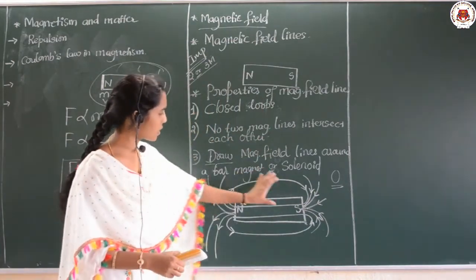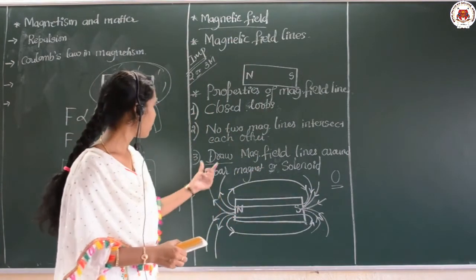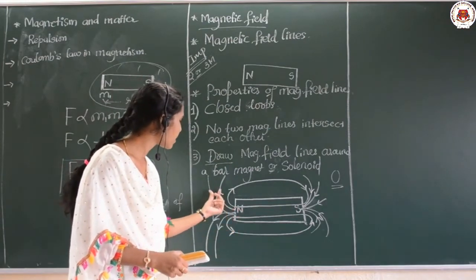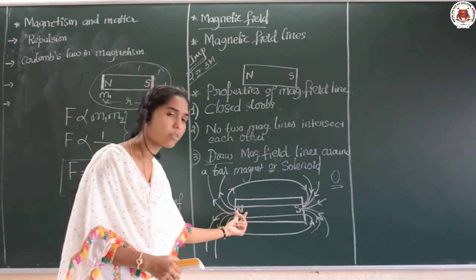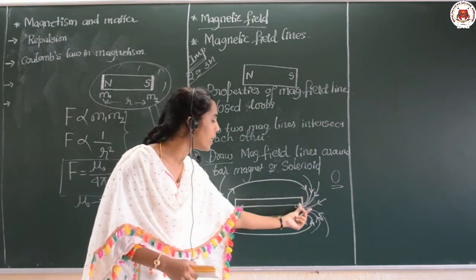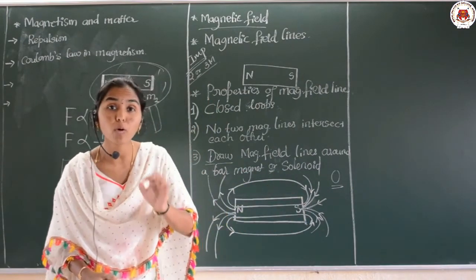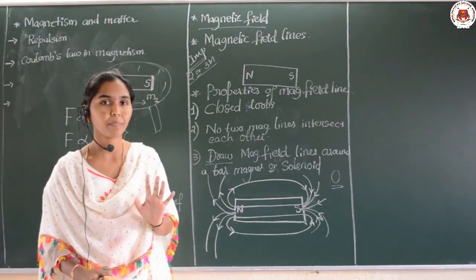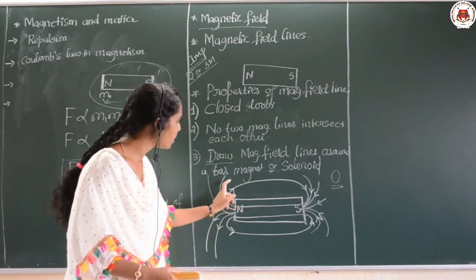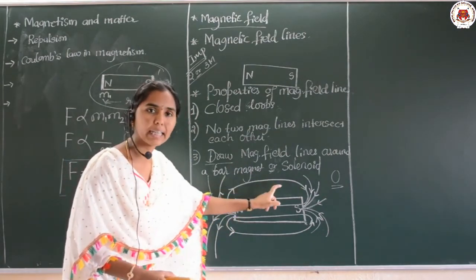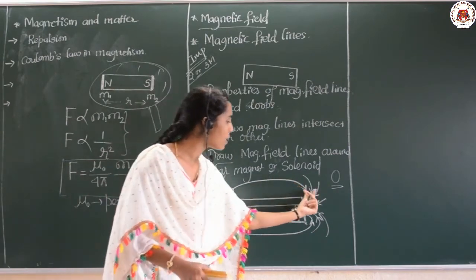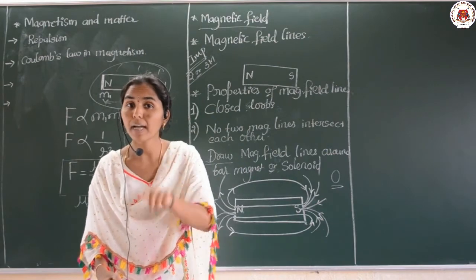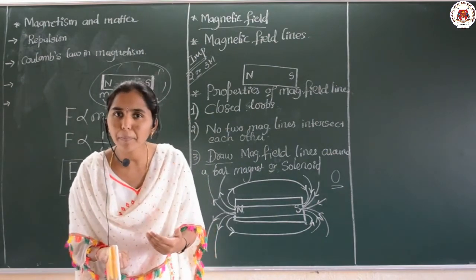Yes, what observation are you making here? The magnetic field lines start at the north pole and terminate at the south pole outside the bar magnet. This point should be very clear. Then what about inside the bar magnet?